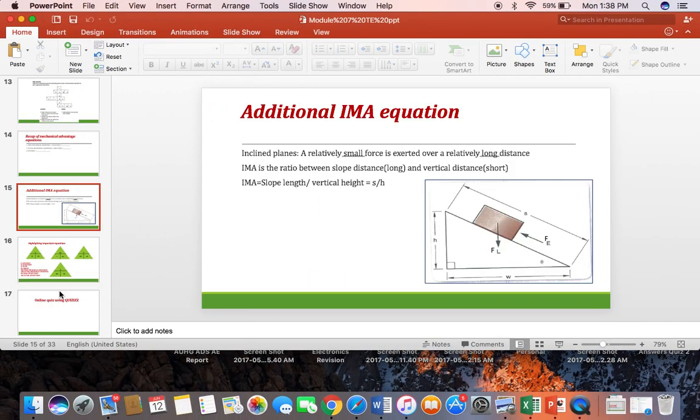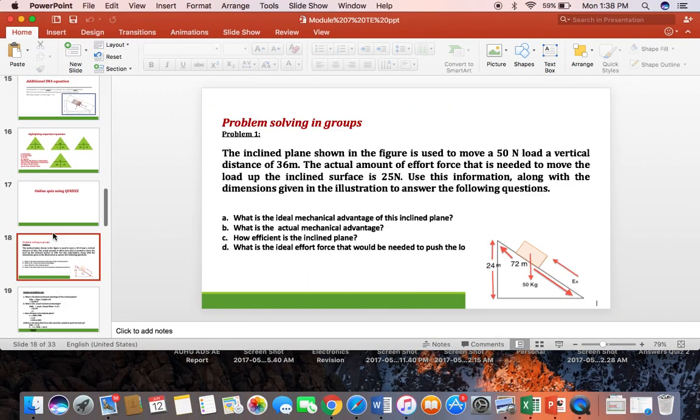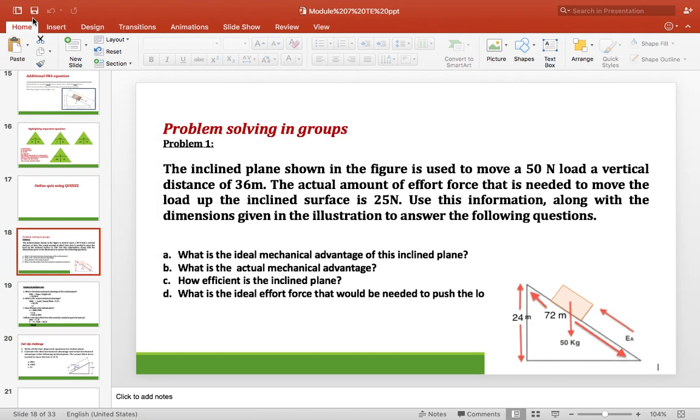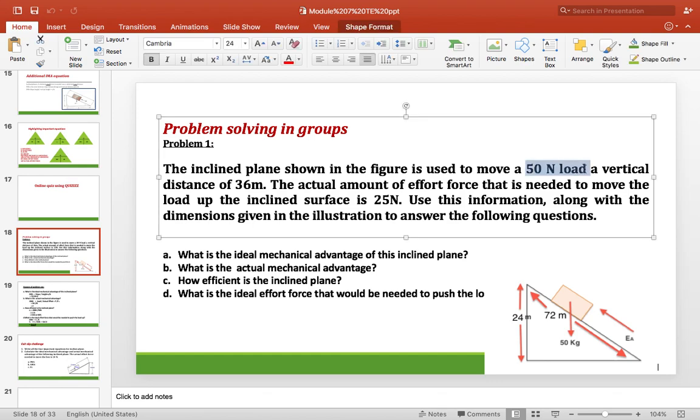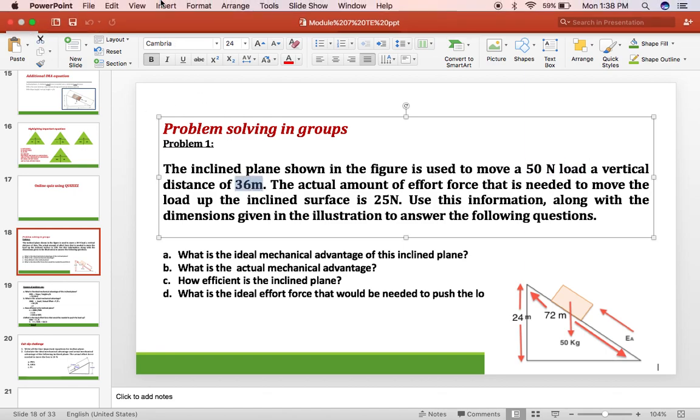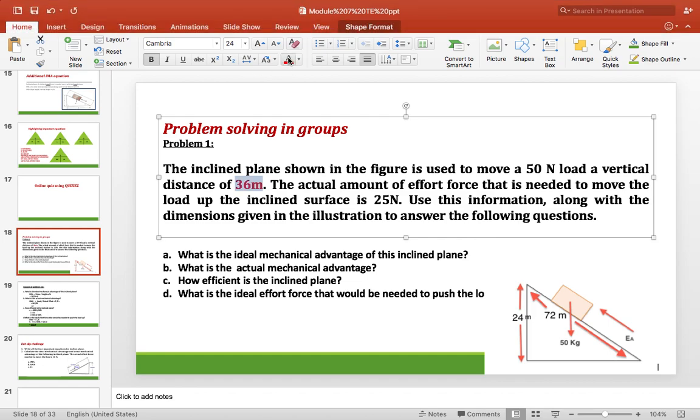Okay, coming back. So in this question, something like this you can expect to come up in the exam. So you have to read the question and figure out what is given. 50 Newton load, this means FL, a vertical distance of 36, so that's the height. Let's do this.